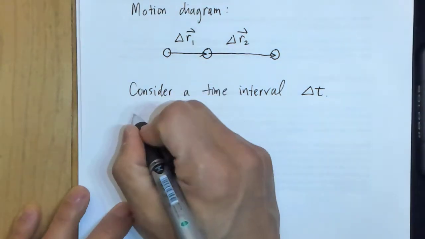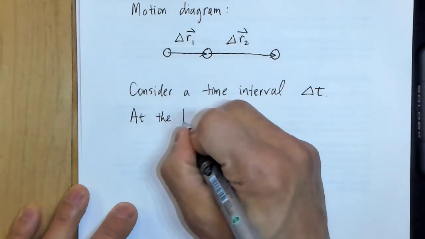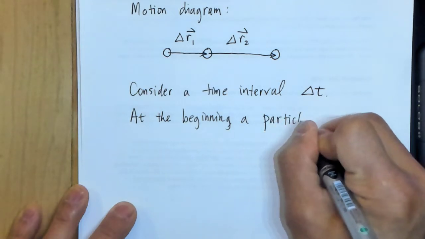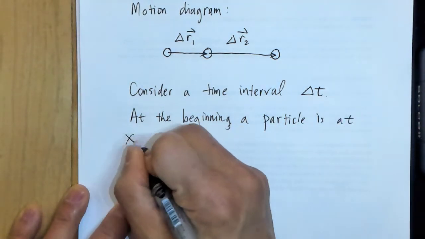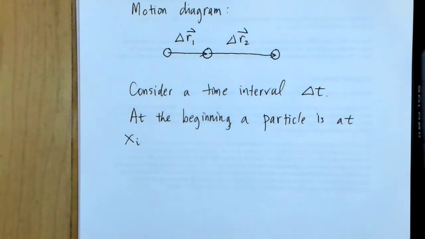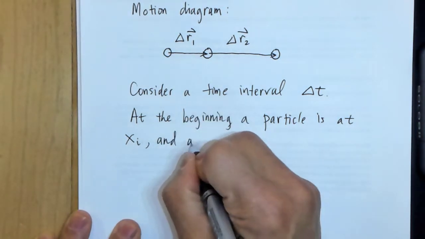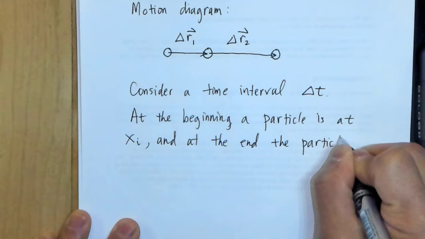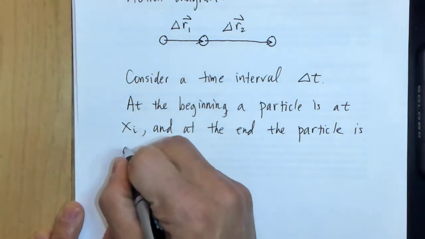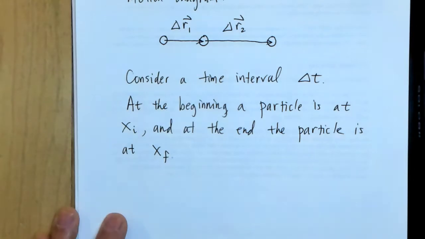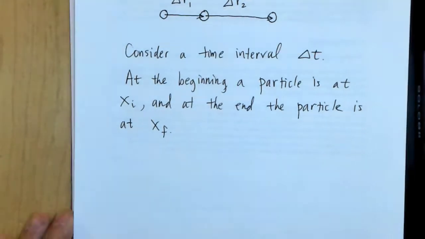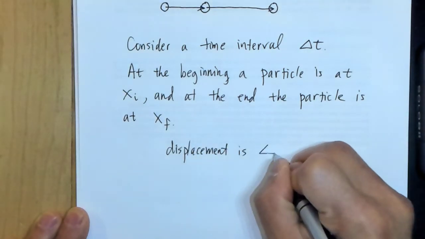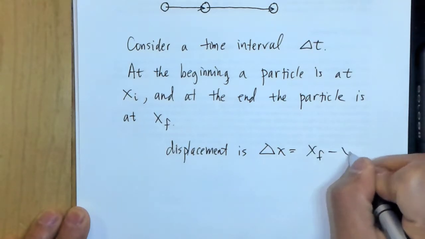And let's say at the beginning of the interval, a particle is at x initial, and at the end, the particle is at x final. Okay, then we know the displacement. The displacement is delta x is equal to x final minus x initial.